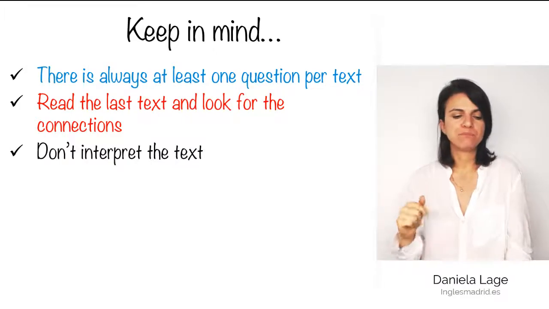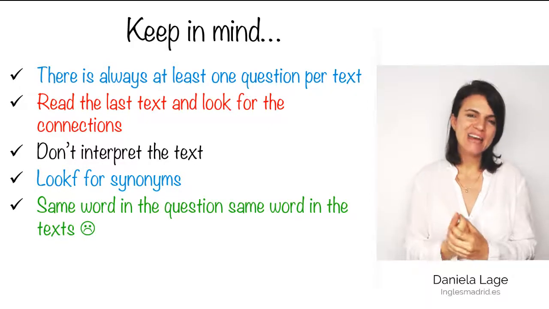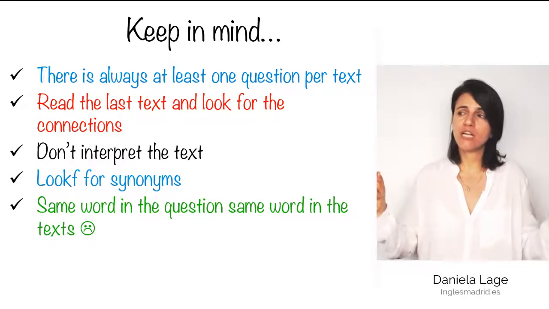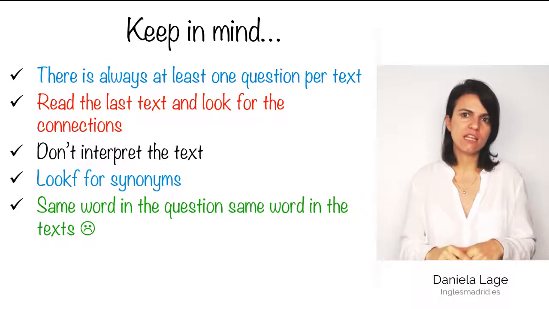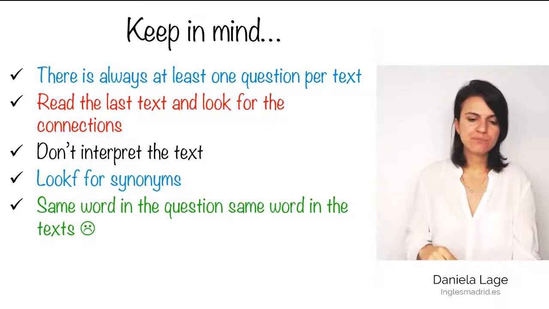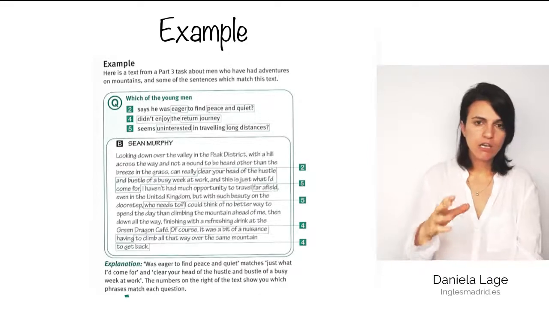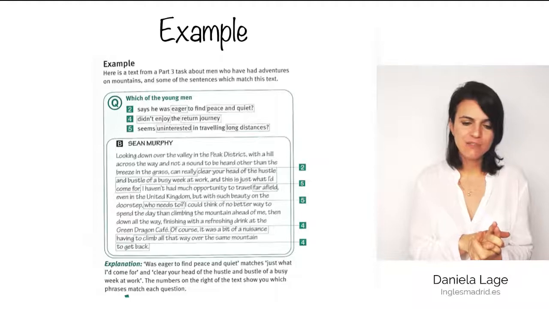Okay, then we don't interpret the text, we look for synonyms, and again, if you see the same words in the question and the text, probably that's not the answer. Look at the example, okay? I recommend you read the example carefully when we finish this video.